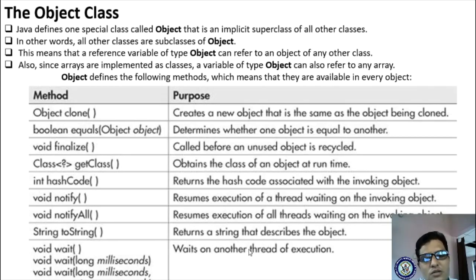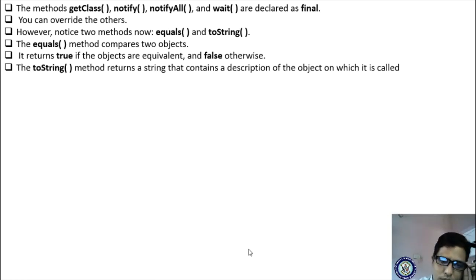This question has also been asked in one of our question papers. You should go through that paper also. The methods getClass, notify, notifyAll, and wait are declared as final.